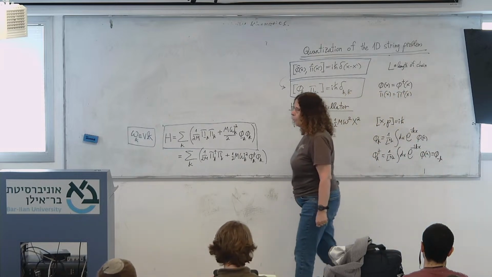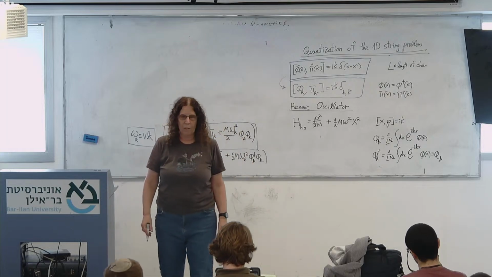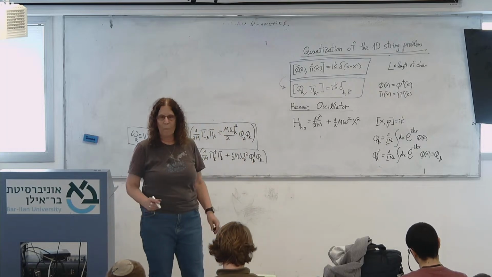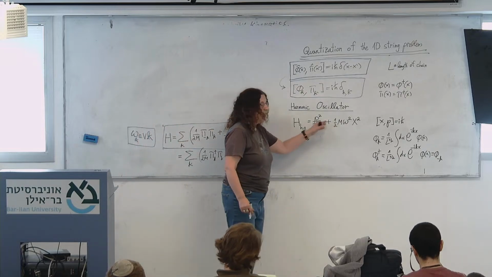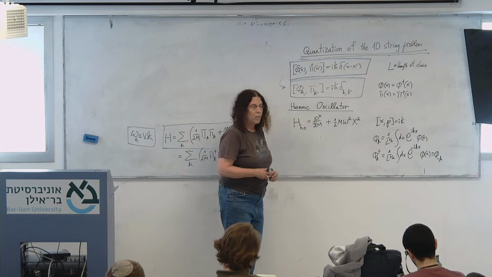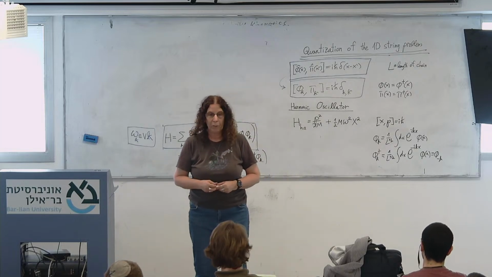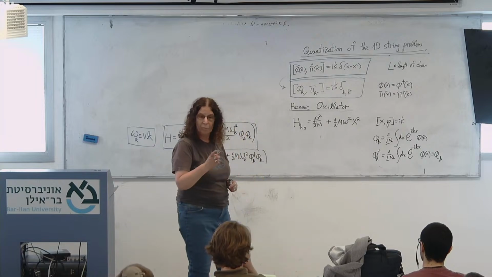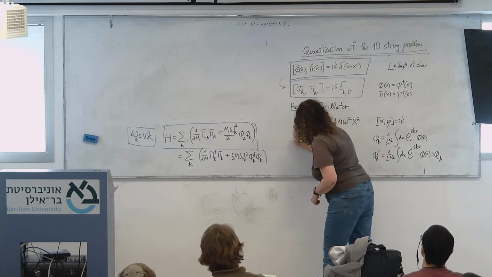But it's very convenient if you just want the spectrum of the harmonic oscillator. Let's first see what you remember from undergraduate. So what is the spectrum? What are the energy eigenvalues of a harmonic oscillator? Omega n. That's right.